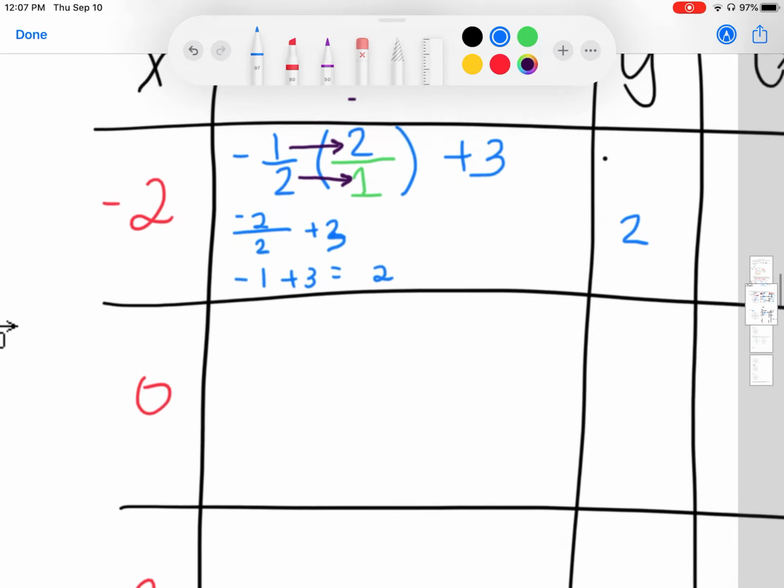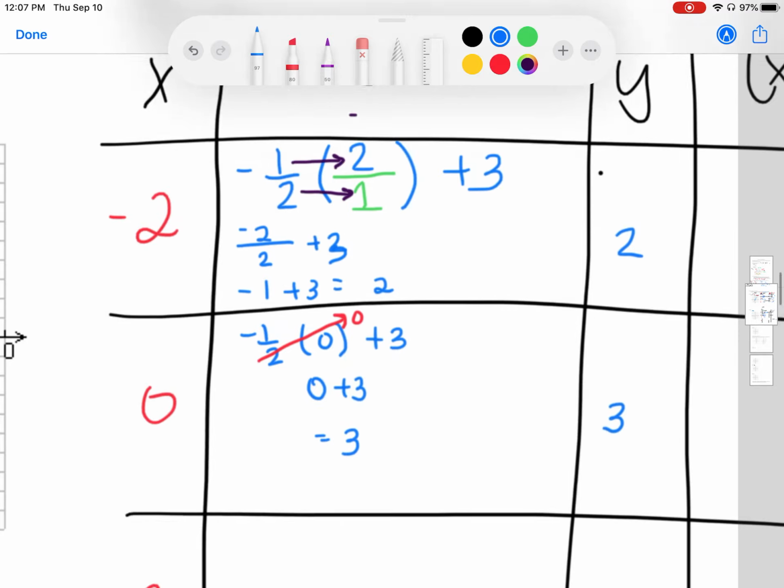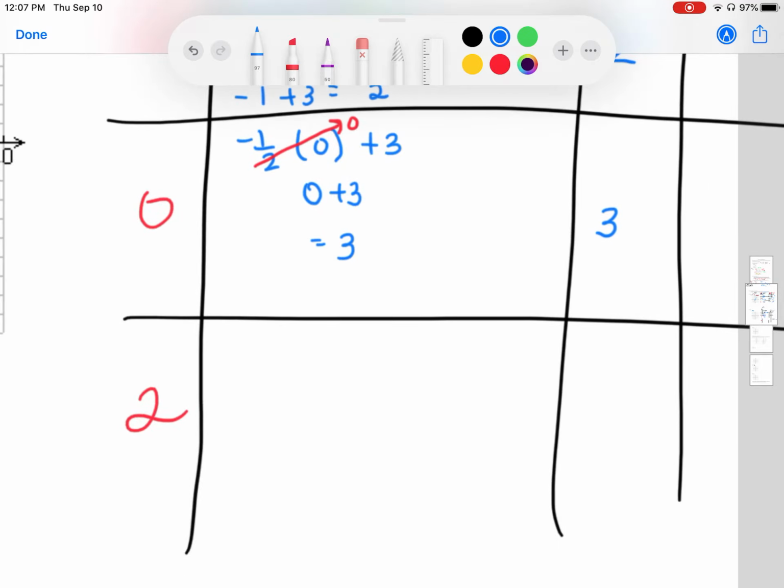Next one. We have negative 1/2 x. Instead of x, I'll plug in the 0, plus 3. Anything times 0 is 0, so we're left with 0 plus 3. We get 3. Next, 1 over 2 times 2 plus 3.